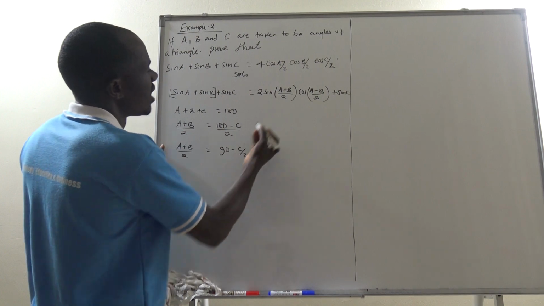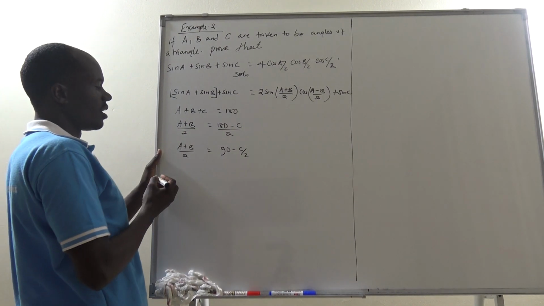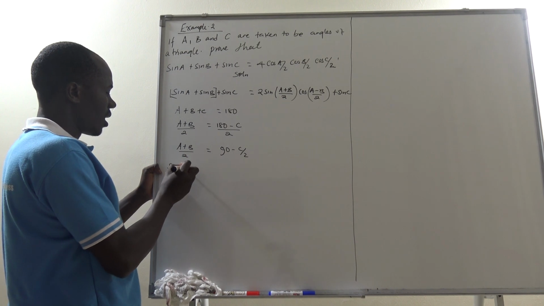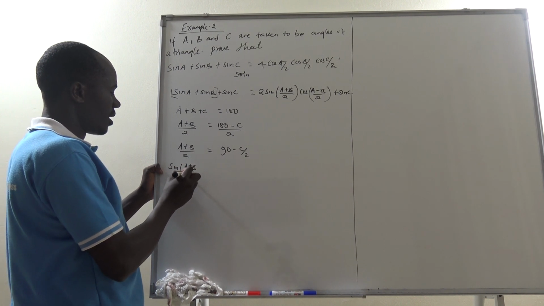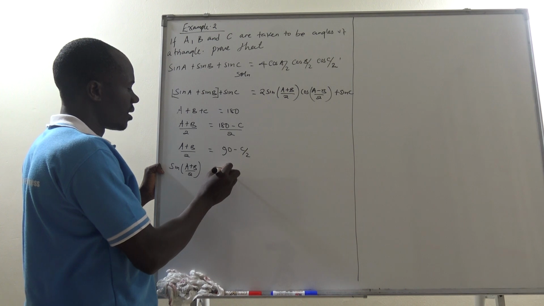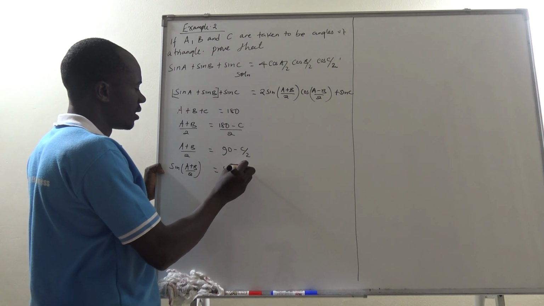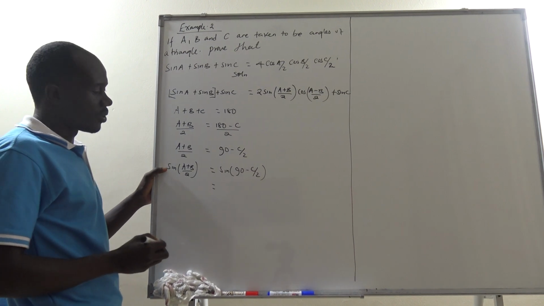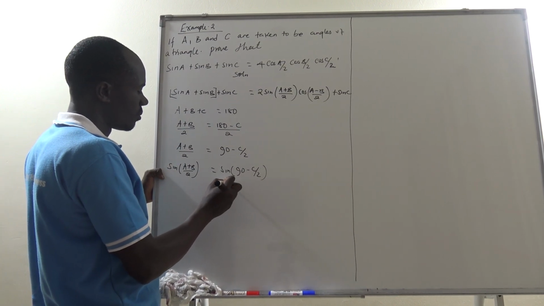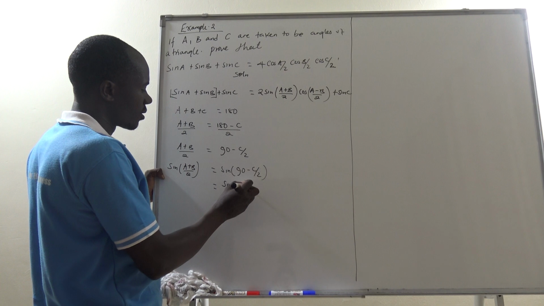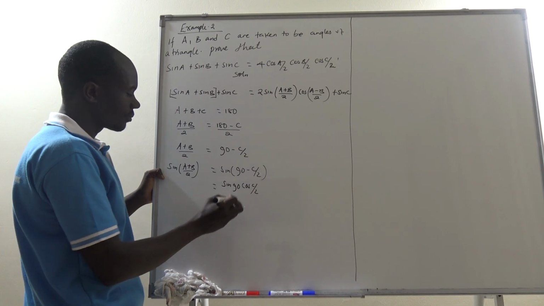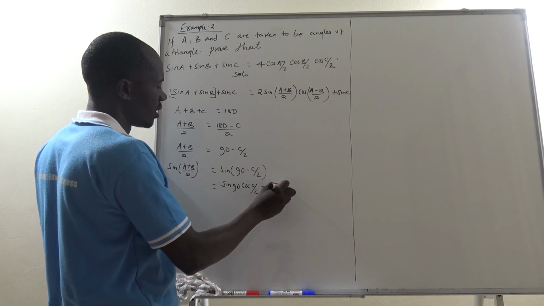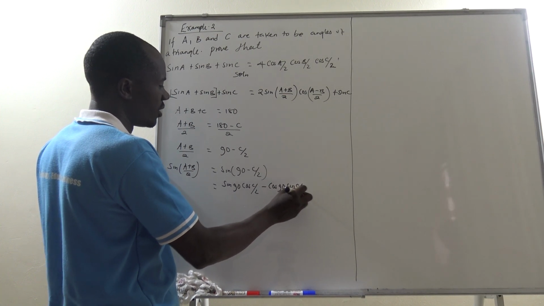I can see there is an element of sine, so also introduce sine on both sides. I say sin A plus B by 2 is the same as sin into 90 minus C by 2. From the compound angle expression, we expand this one. We are going to get sin 90 cos C by 2 minus cos 90 sin C by 2.